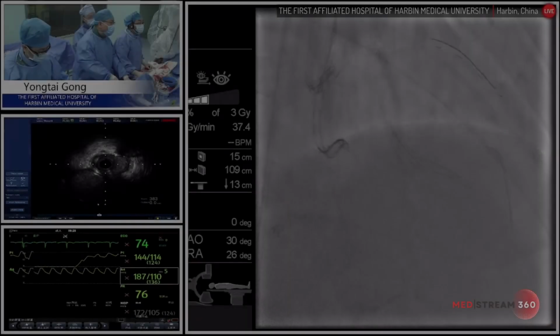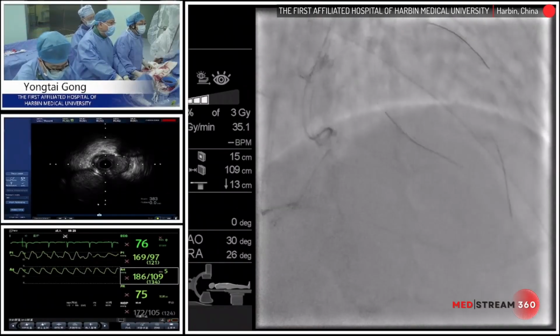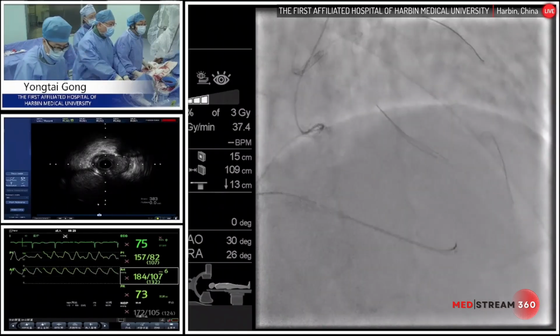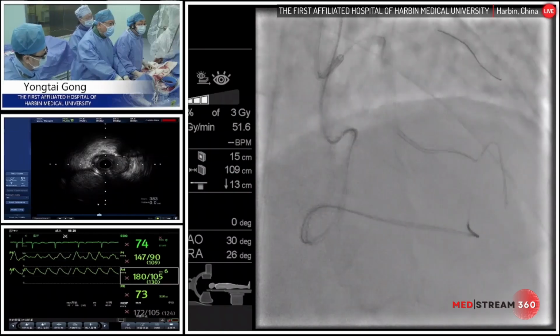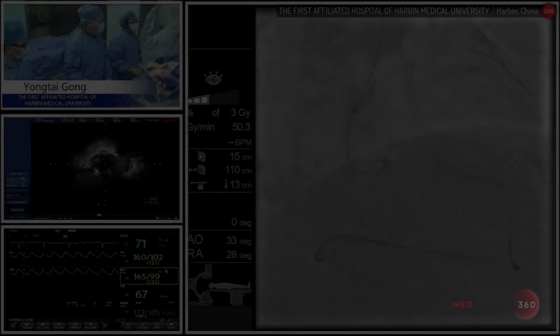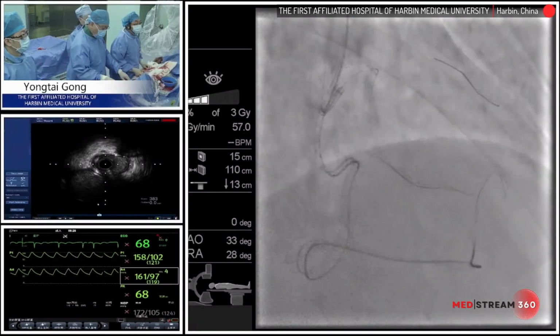And finally, this distal one is relatively the most smooth, not so tortuous, and relatively with a good direction. So currently we can see that the wire has already gone to the septum. And eventually we can see that it goes into the mid part of the septum.